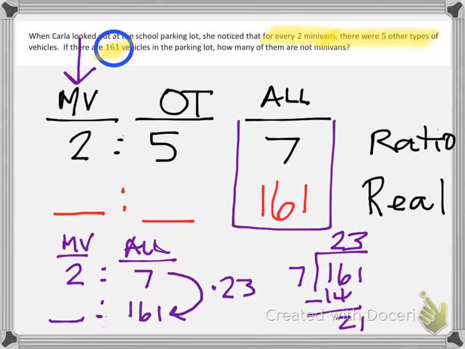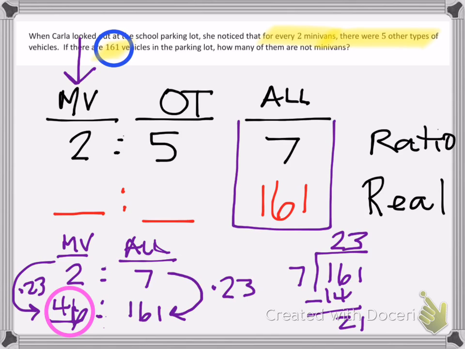Whatever I multiply one side by, I have to multiply the other side by. So 2 times 23 is 46. So 46 is the total number of minivans.